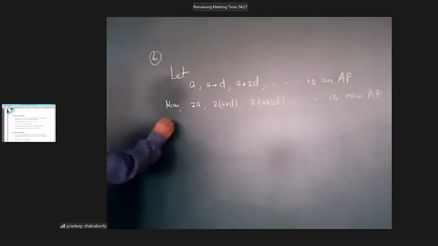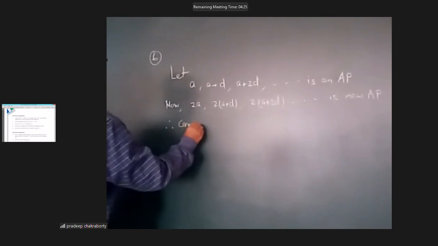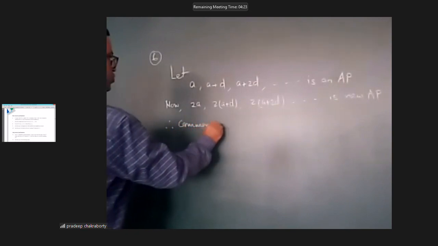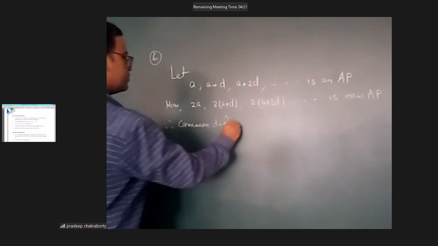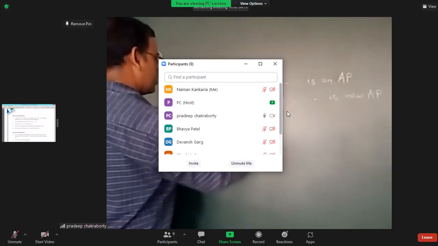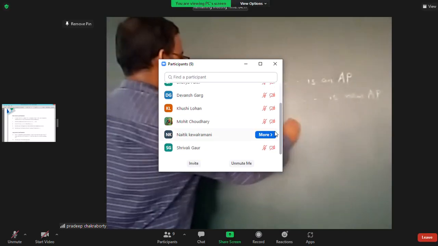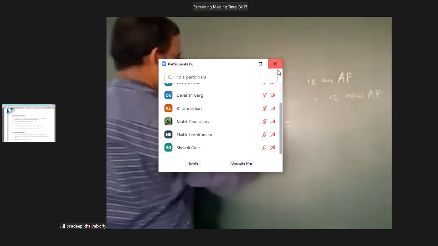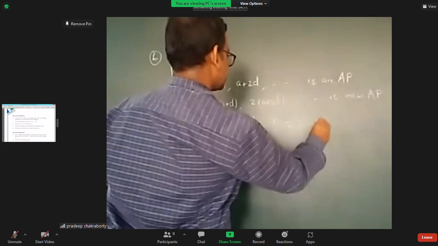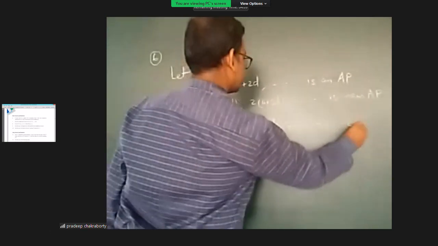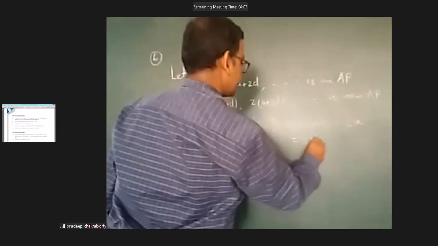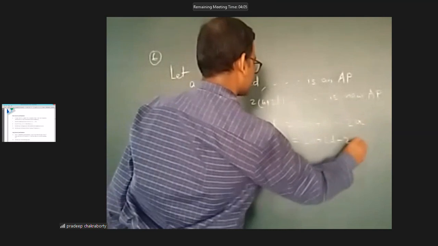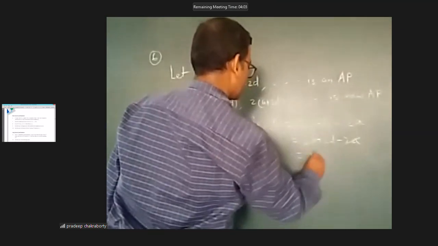Therefore the common difference between them, capital D, will be (2a plus 2d) minus 2a, so it will be twice d.